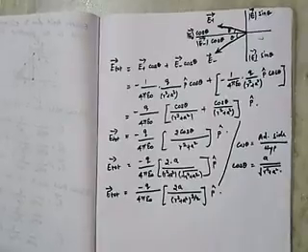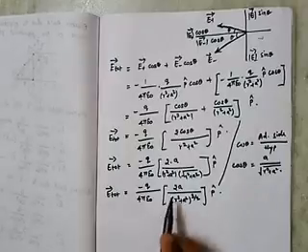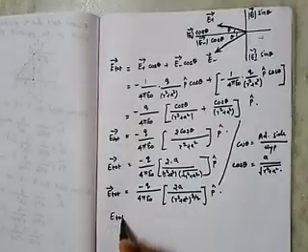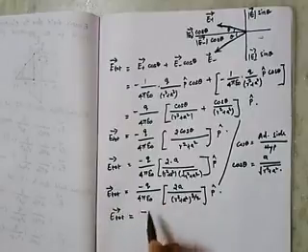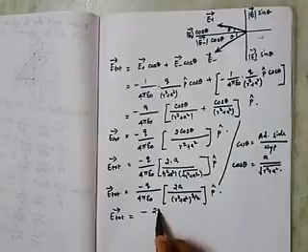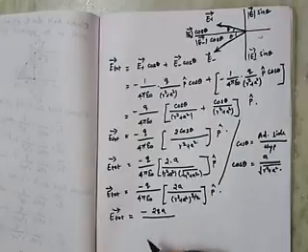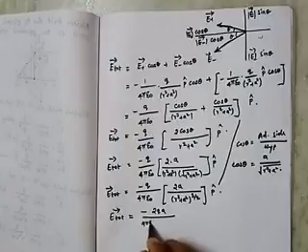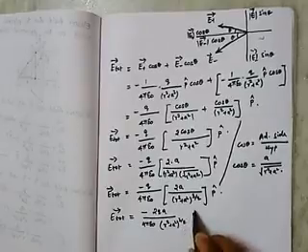Okay student, so from this equation we can write the total electric field is equal to minus 2qa divided by 4 pi epsilon naught into r square plus a square whole power 3 divided by 2, p cap.